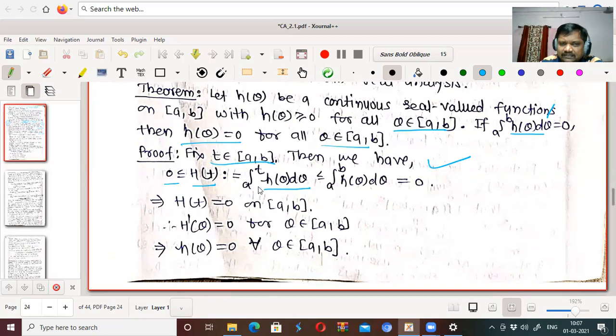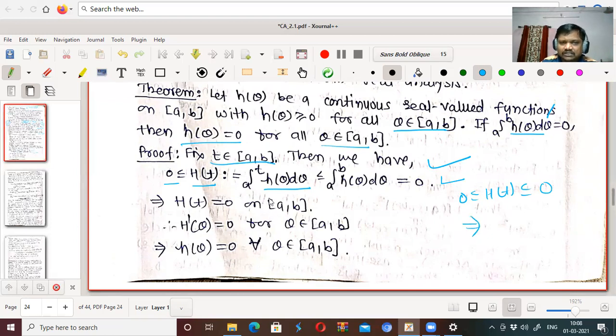As the integrand is non-negative and the upper limit is larger, the whole thing is non-negative, which is less than or equal to the integral from a to b of h of theta d theta, and we are given that it is equal to 0. So we obtain 0 less than or equal to H of t less than or equal to 0.